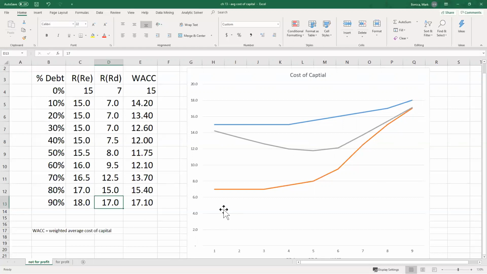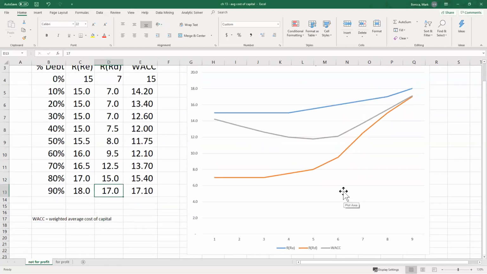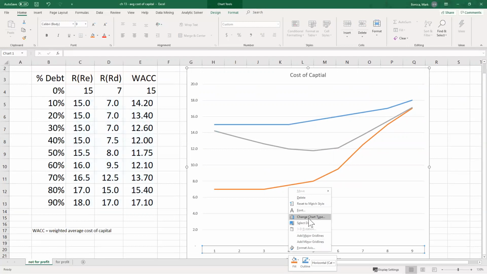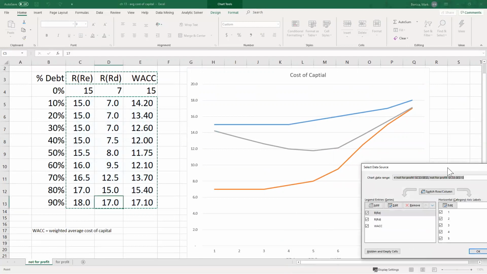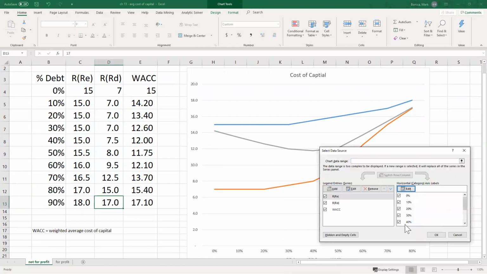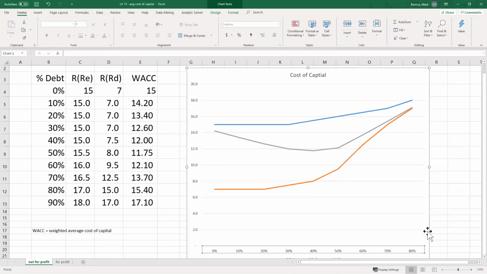And so if we go to the graph that you guys have probably been looking at, the orange line is the graph of the required rate of return on debt. And so you can see as we progress along, the bottom should be the percent debt. Let me see if I can change that. There we go.